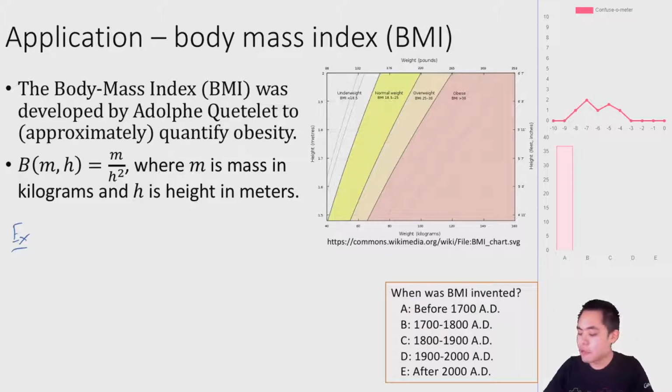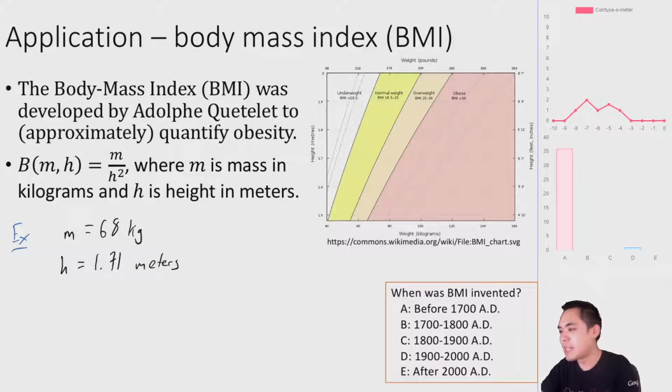And so this is a function of two variables. So for example, if you happen to have, say, a male who is 68 kilograms at a height of 1.71 meters, let me reset before you guys answer that poll, because otherwise, yeah. Okay, you guys can answer that poll while you're thinking. So if we have this, then what you're doing is you're plugging in these two values.